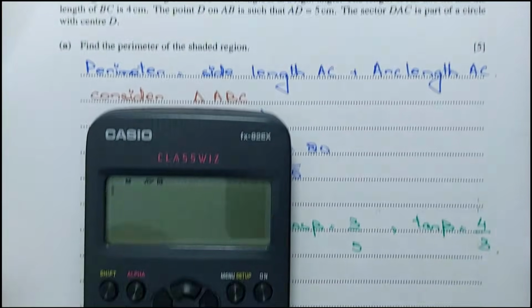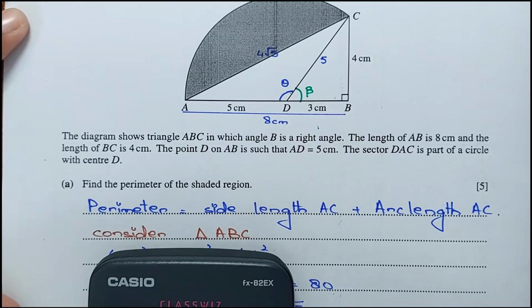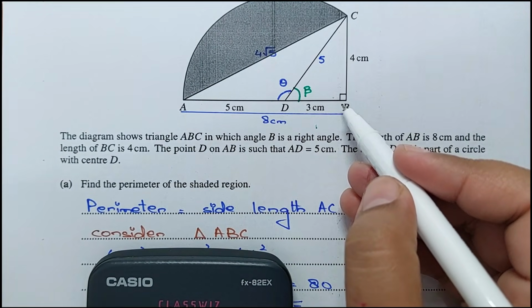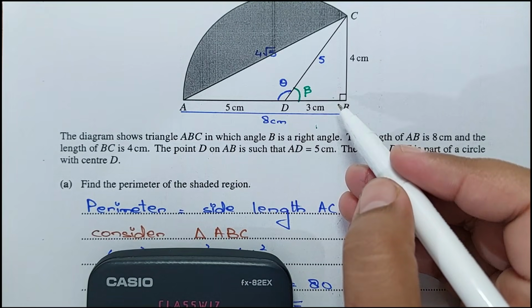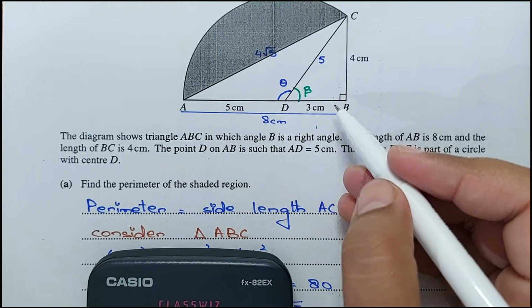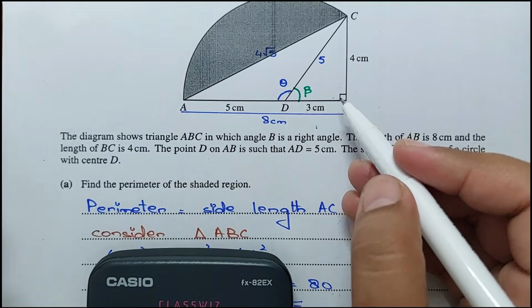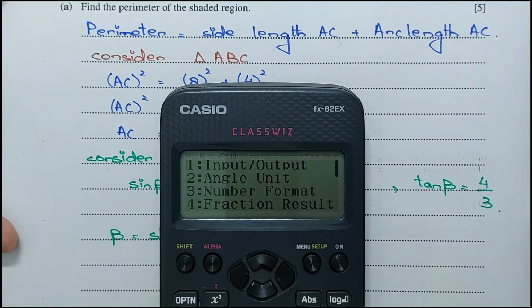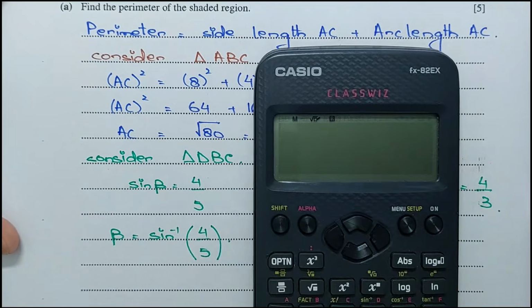All right. In this question, it is not mentioned whether the right angle is 90 degrees or pi by 2, so this is your choice. You can solve this question in radian mode or in degree mode. You will get the same answer from both. I'm doing it in radian mode. My calculator is in degree mode, so let me convert it into radians and find sine inverse of 4 over 5.